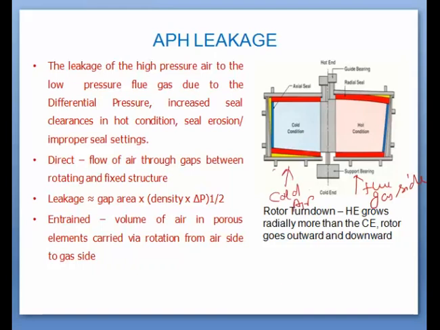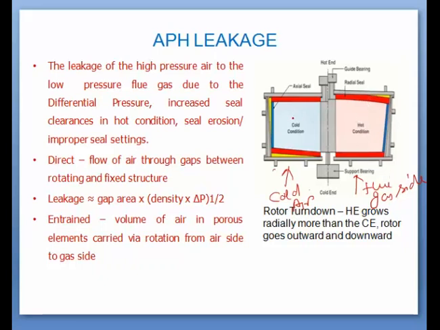So this is the cold air side, this is the flue gas side. Why is this pressure difference there? Because this cold air is either supplied by the FD fan if it is the secondary air, or it will be supplied by the primary air fan. So these two fans develop positive pressure while the flue gas is being sucked by the ID fan.